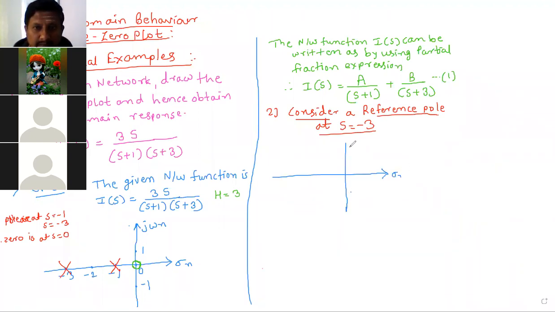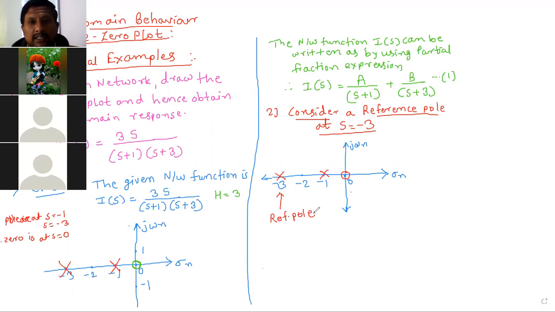So this is sigma n, j omega n. This is 0, -1, -2, -3. So this is pole at S is equal to -1, pole at S is equal to -3. There is 0 here. Okay, now reference pole is what? This one. This one is a reference pole. You have to show it.